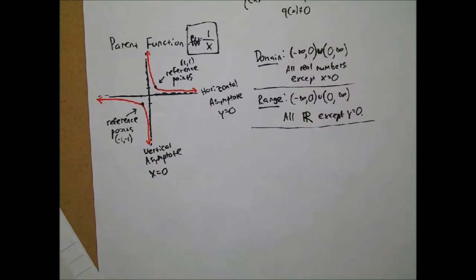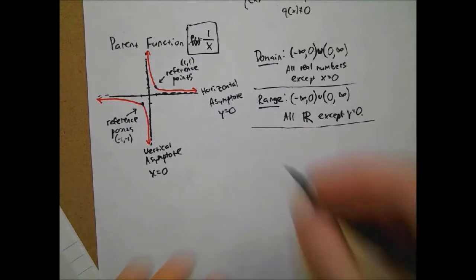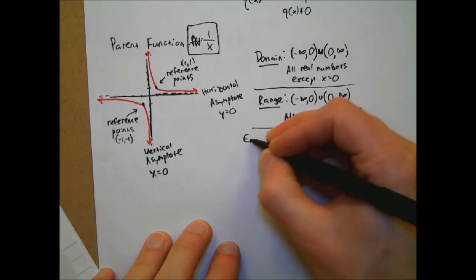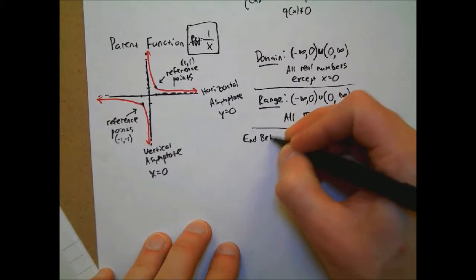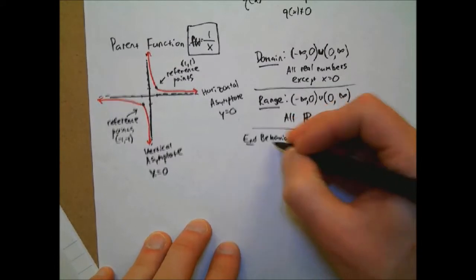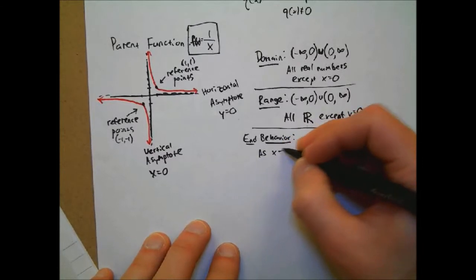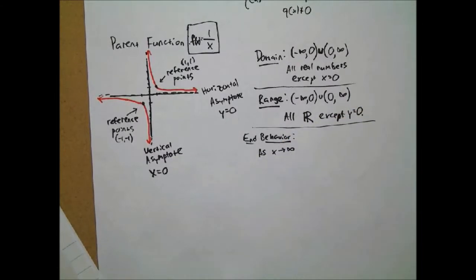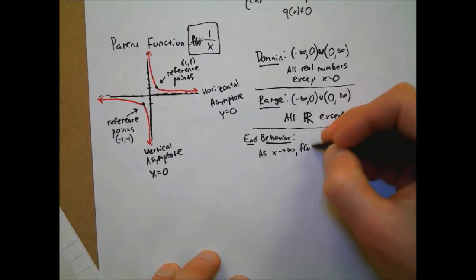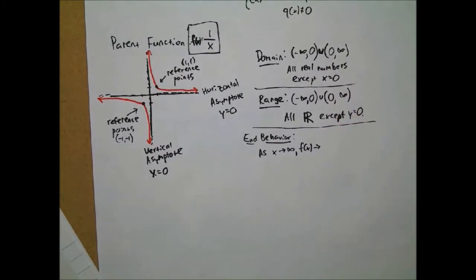Okay. Let's see here. What else do I want to talk about? Let's talk about end behavior. As x approaches infinity, f of x will approach what? As x approaches infinity, that means we're going really far to the left or really far to the right? To the right. What happens to our y values as we go further and further to the right?